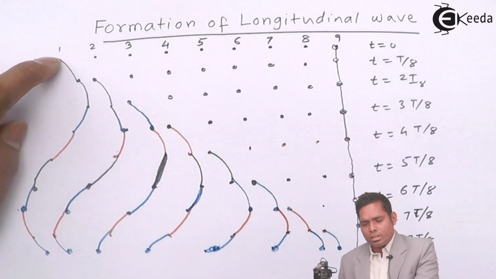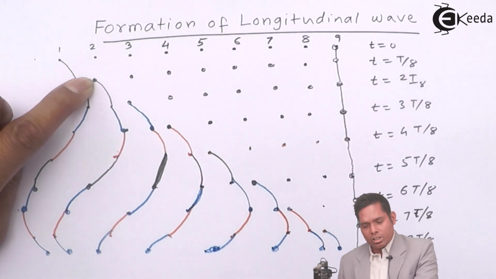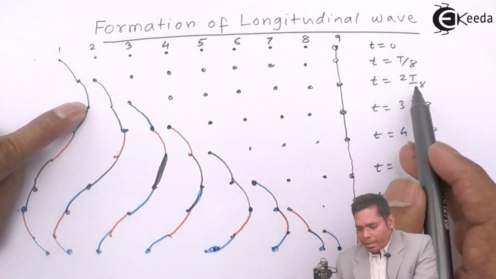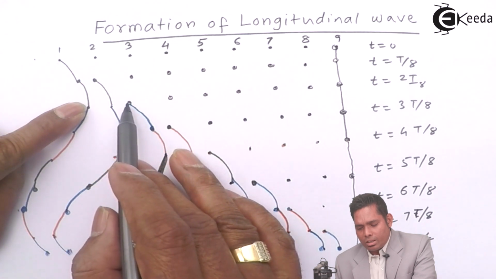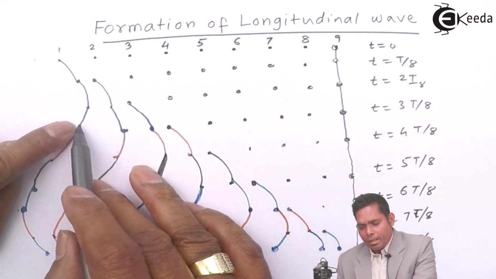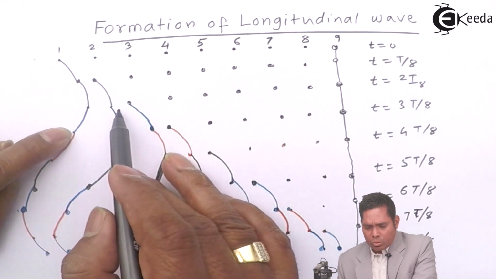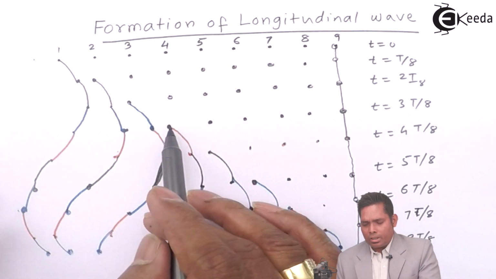This starts oscillation, it moves through half the amplitude. This is about to receive oscillation. When it moves to the extreme by another T by 8 time, this is moving to half the amplitude. This is about to receive the oscillation. And when this moves by half the amplitude from the extreme, this goes to the extreme, this goes to half the amplitude, and similarly, this is about to receive the oscillation.